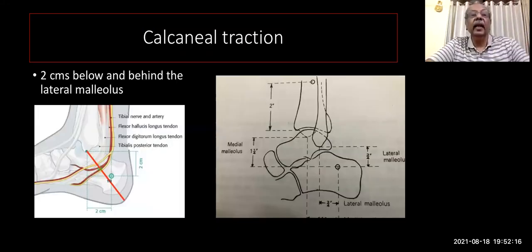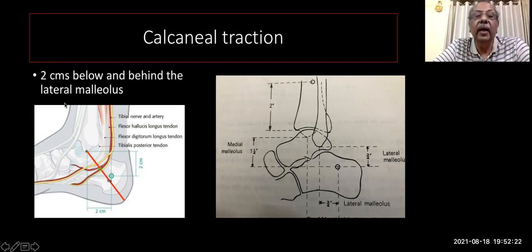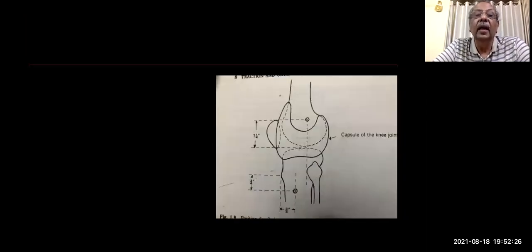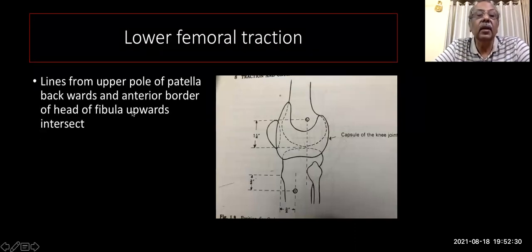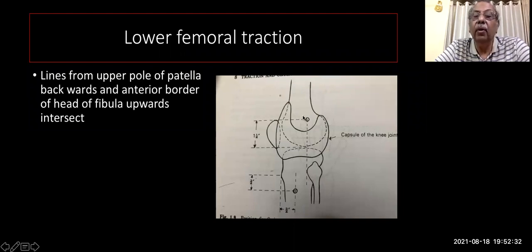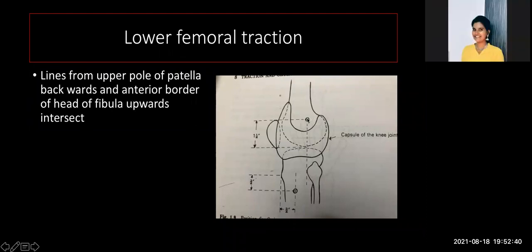Now, regarding the calcaneal traction, the landmark is 2 centimeters below and behind the lateral malleolus. Then in the lower femoral traction, a line should be drawn from the upper pole of the patella backwards and from the anterior border of the head of the fibula upwards, and the point where they intersect is taken as the point.